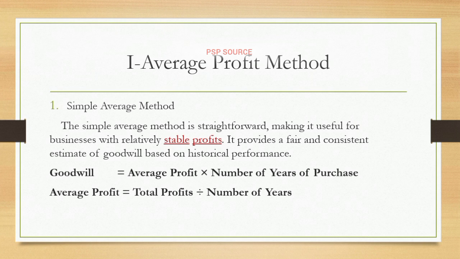So here the volatility of earning is not much; the deviation of income is not much. The income is in the range of 50, 52, 53. So this is called stable profit. So we can use the simple average method when companies earn a stable profit.